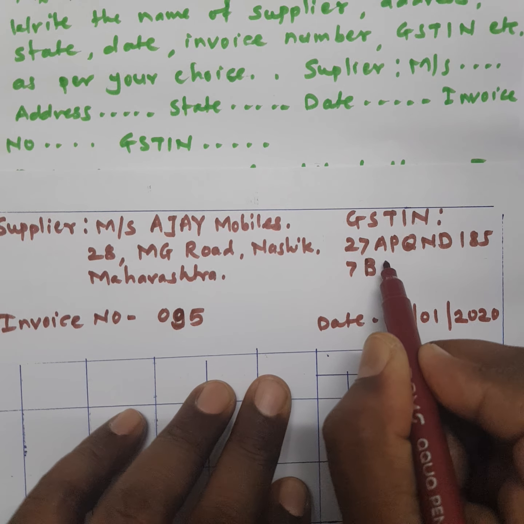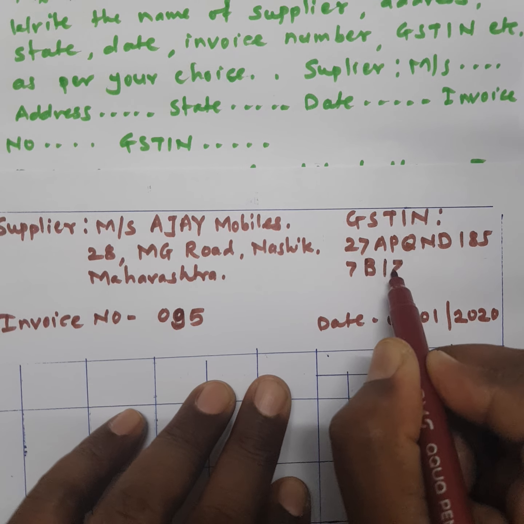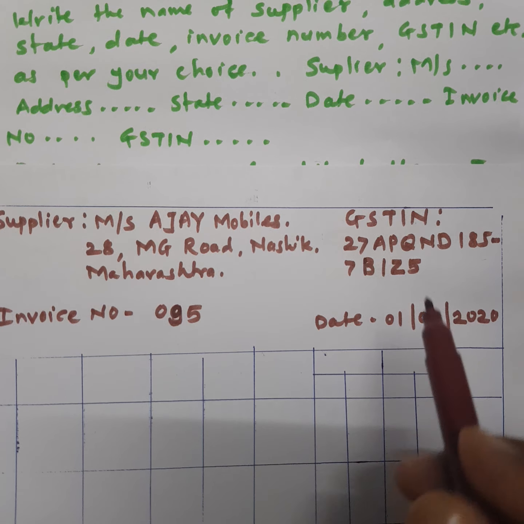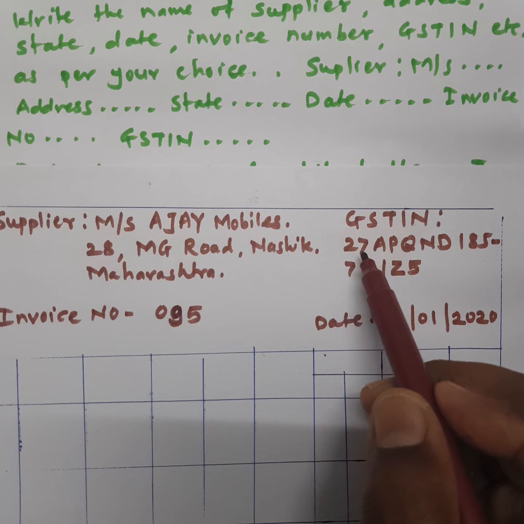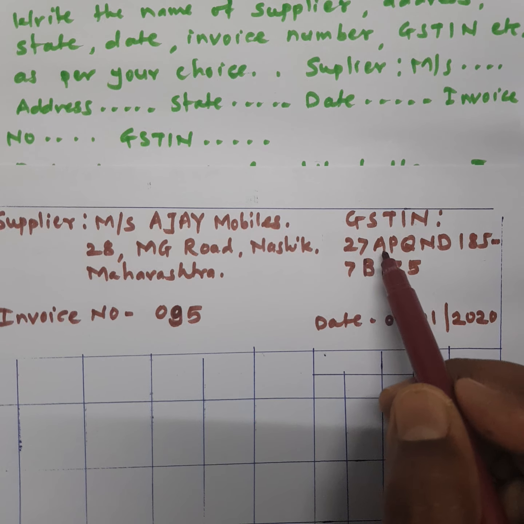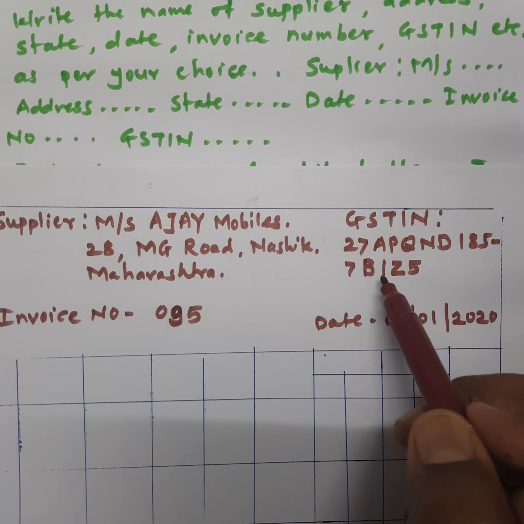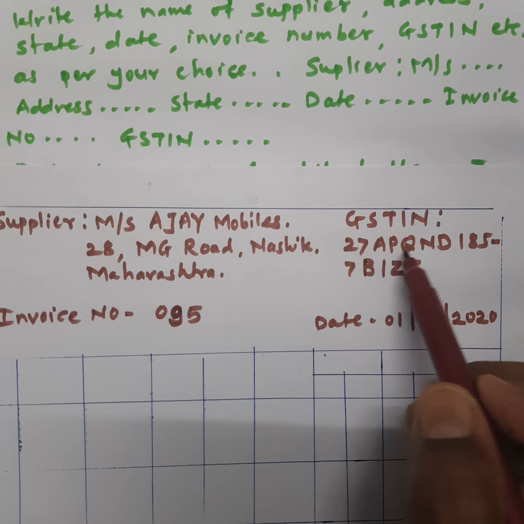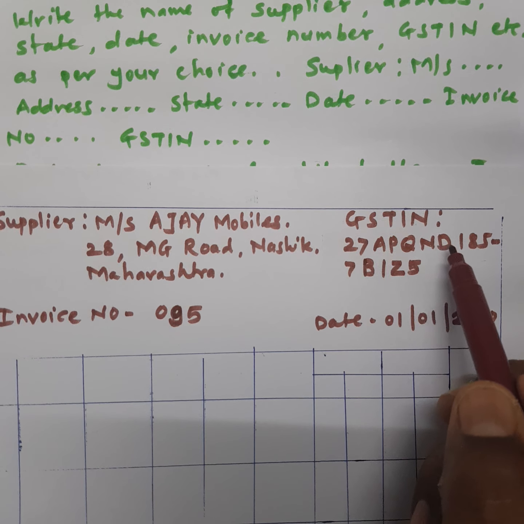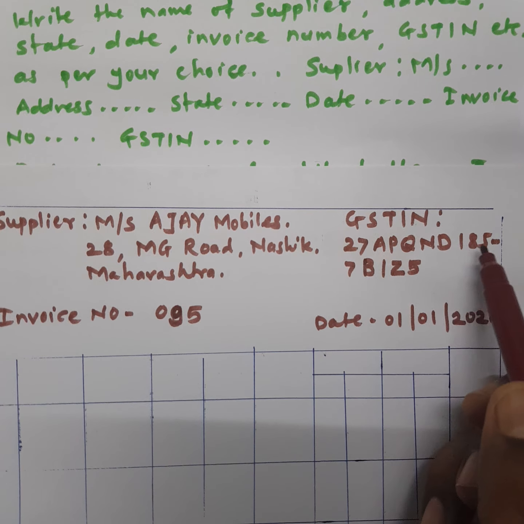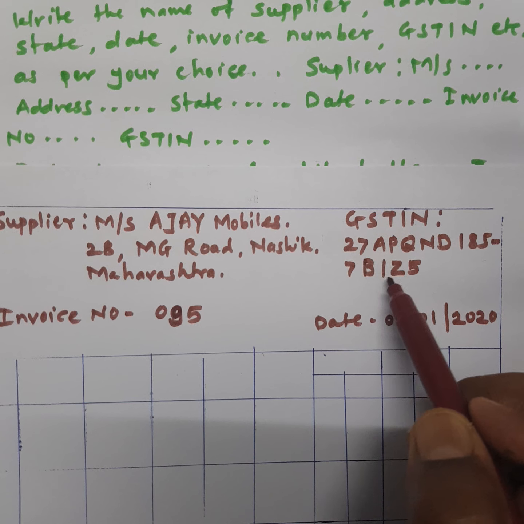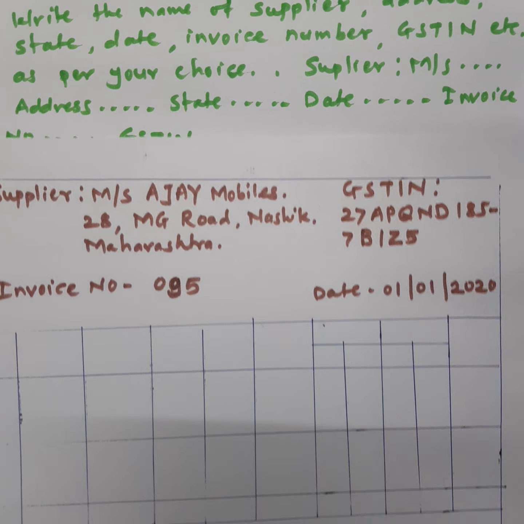Then the last 3 digits are 1, Z, 5. This is a 15 digit GSTIN. The first 2 digits show the state code. Then the next 10 digits show the PAN number of the firm. In these 10 characters, 5 are alphabets, next 4 are numericals, and the 10th is again an alphabet. Then 1, Z and 5 are constant for each.